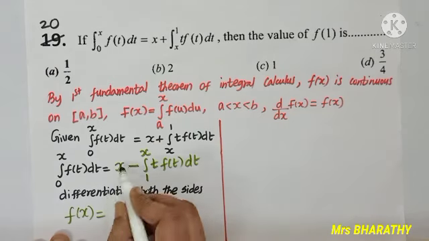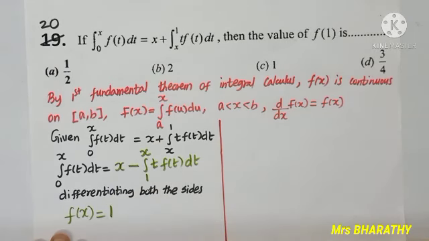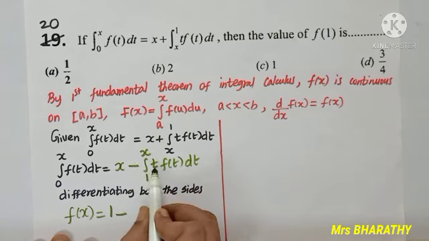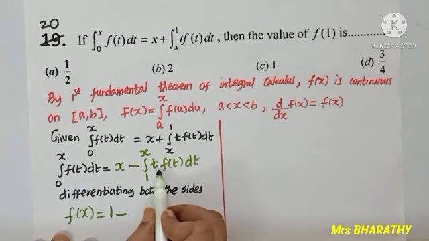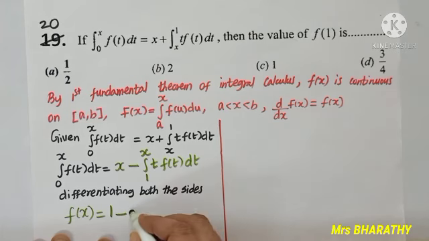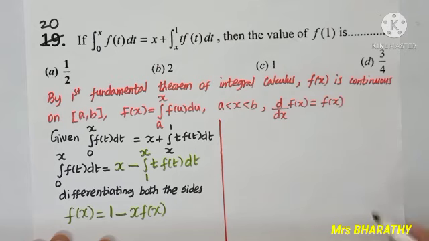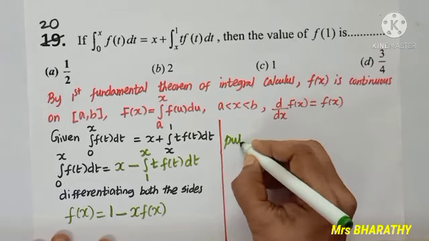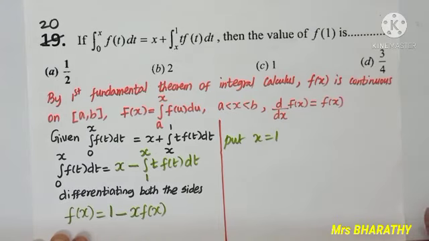RHS, x when I differentiate is 1, minus, when I differentiate this, wherever t comes I just put x, x f of x. So it will be x into f of x. My question is to find f of 1, so put x equal to 1.